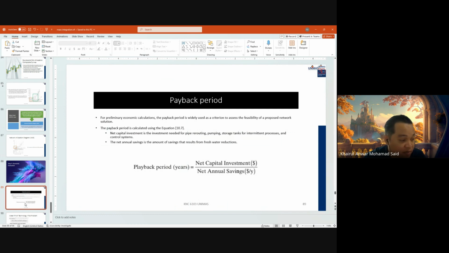This includes the cost of the new piping. Since in step four we do the retrofitting, change the pipe flow direction, rerouting, the new pump needed, the valve, the control valve, the storage tank, critical for holding water in intermittent batch processes.